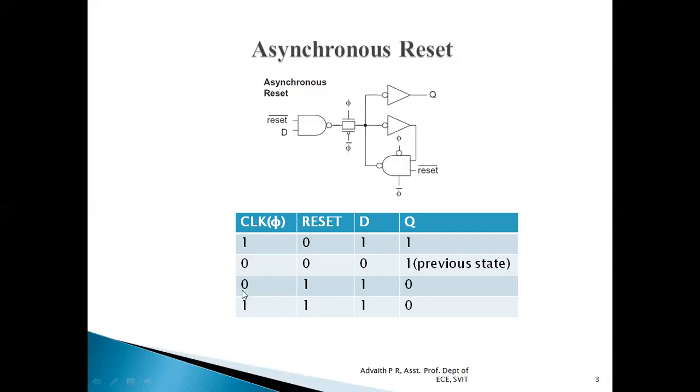See here, even if the clock is 0, reset is high, and no matter if D is 1, the output becomes 0. Similarly, when clock is high and reset is high, if D input is high or low, Q becomes low. So let us verify these conditions one by one.